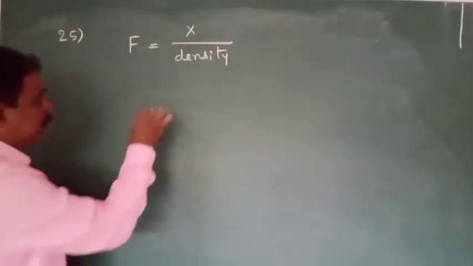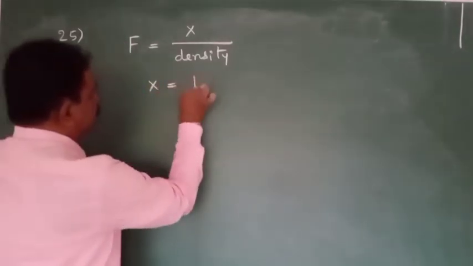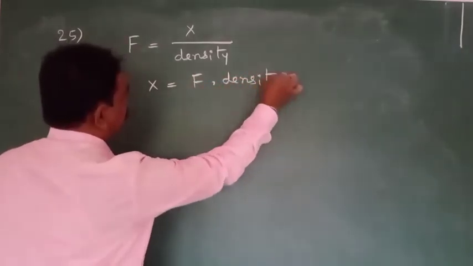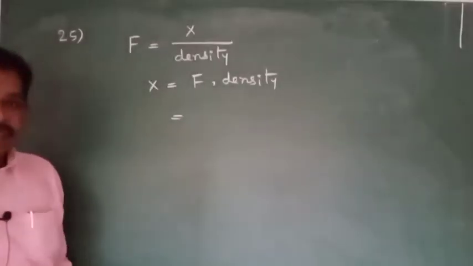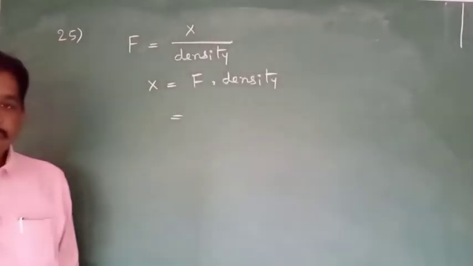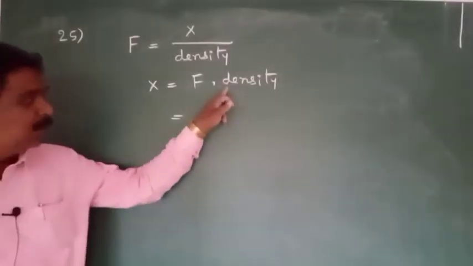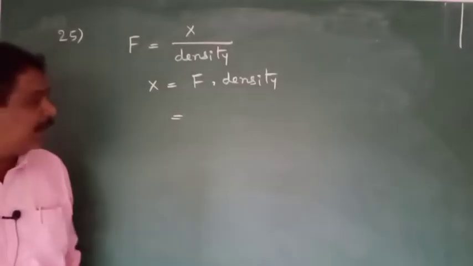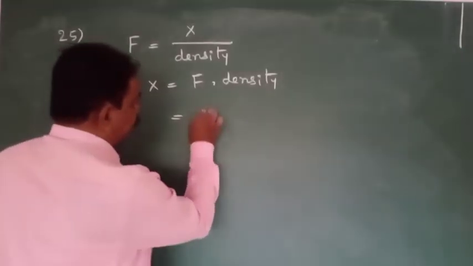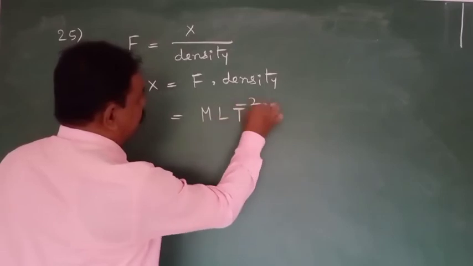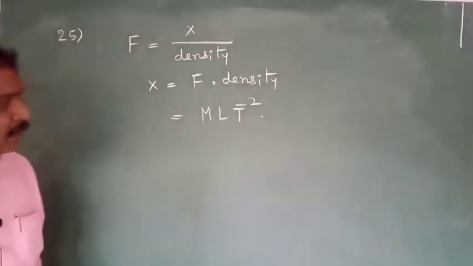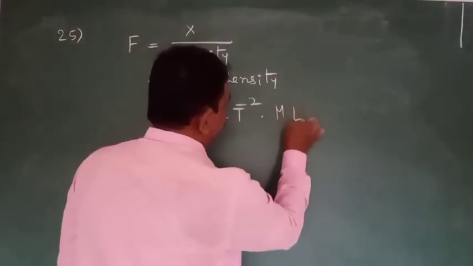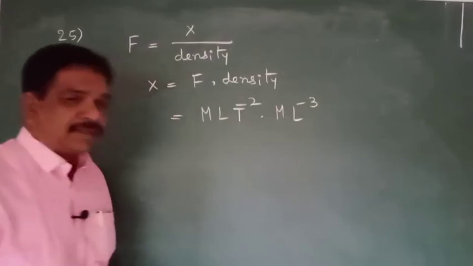Do cross multiplication. Then x is equal to f into density. We know the dimensional formula of f, and we know the dimensional formula of density. Then we can calculate the dimensional formula for x. Force dimensional formula is M L T power minus 2. Density dimensional formula is M L power minus 3.